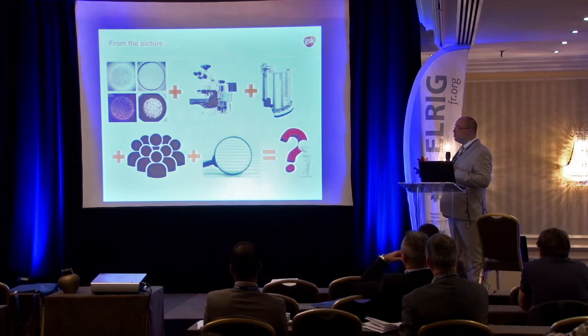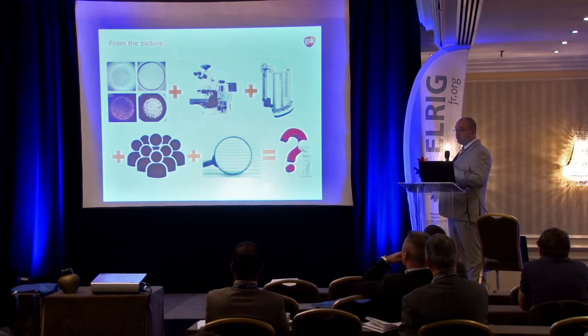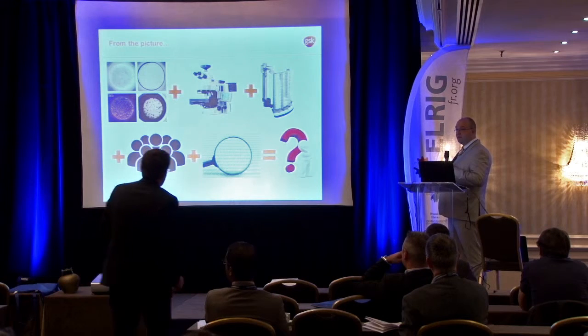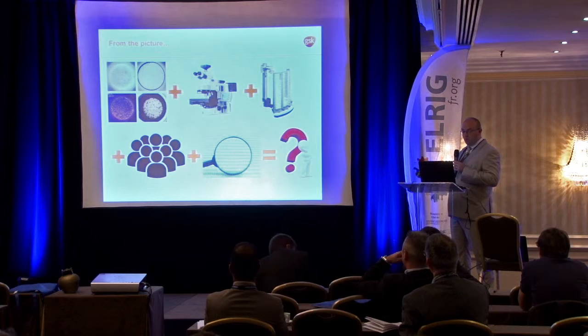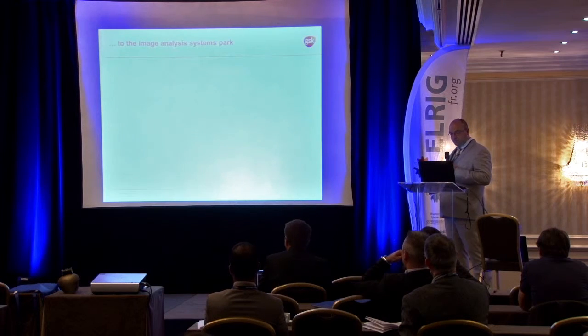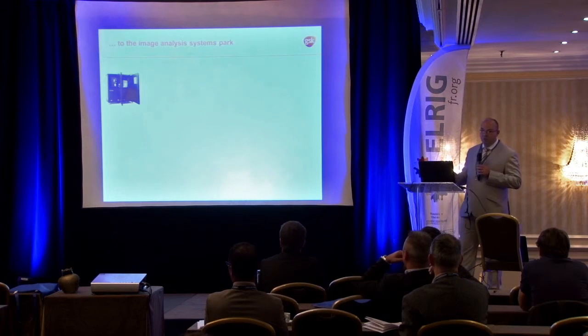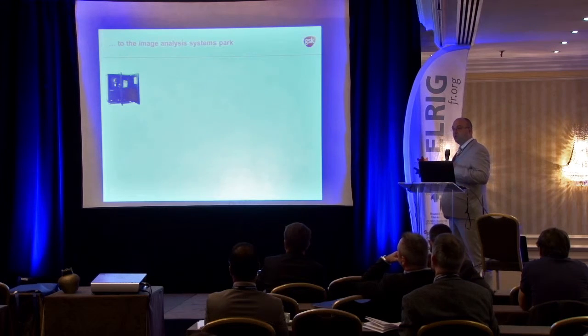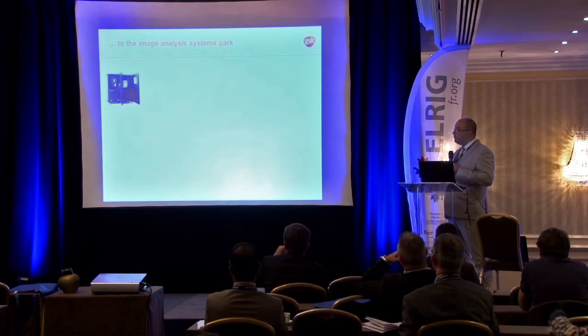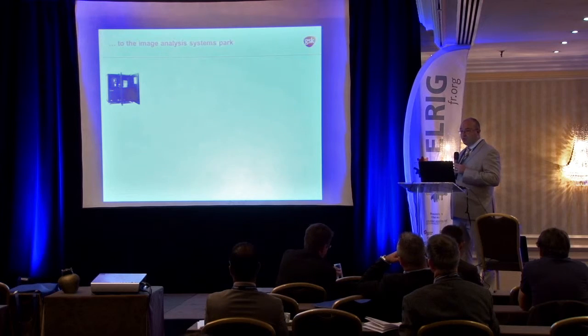So you have to find a solution to manage all of this very efficiently, from the picture to the data and the result. What we did first was to integrate our system to control how the different users will use the system.